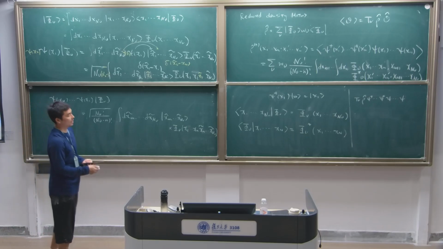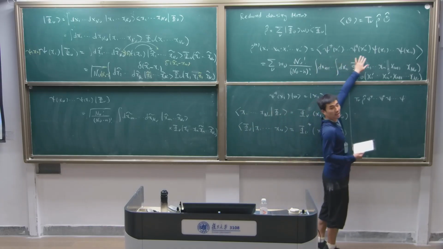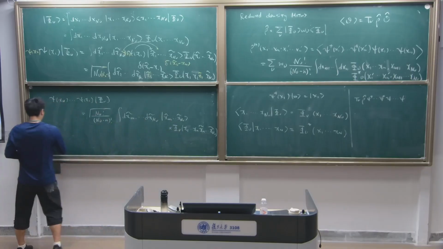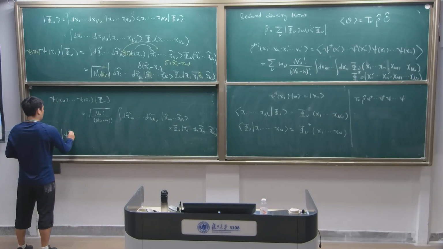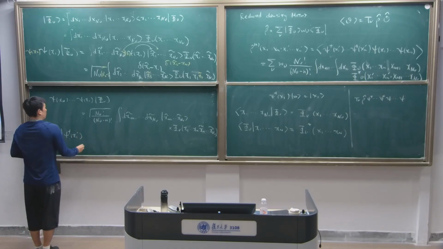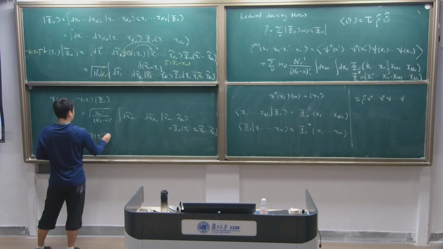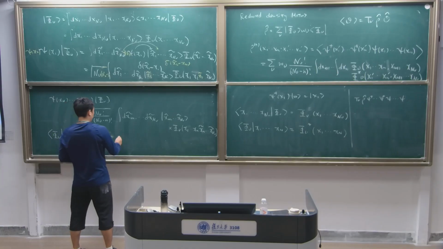The other side comes exactly from the opposite side. So what we need to do, sorry about it, phi of nu and the psi dagger of x1 prime, psi x and prime, you will get something very similar.